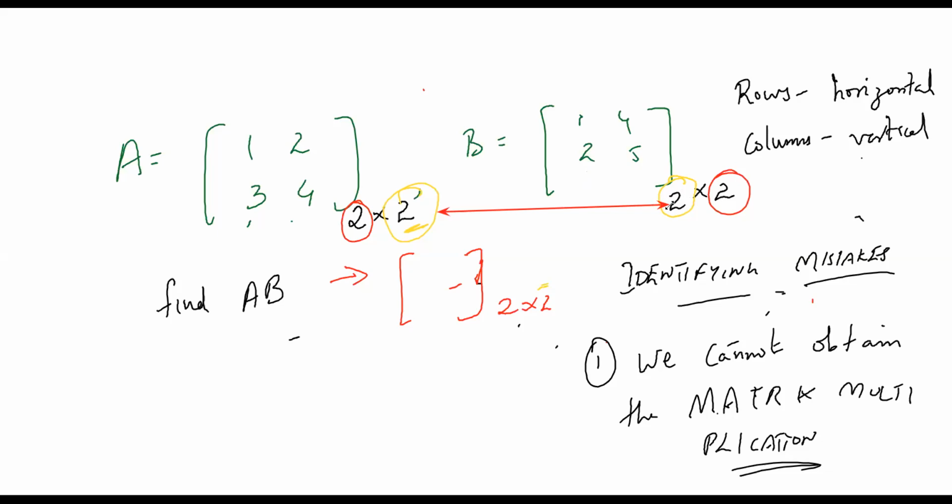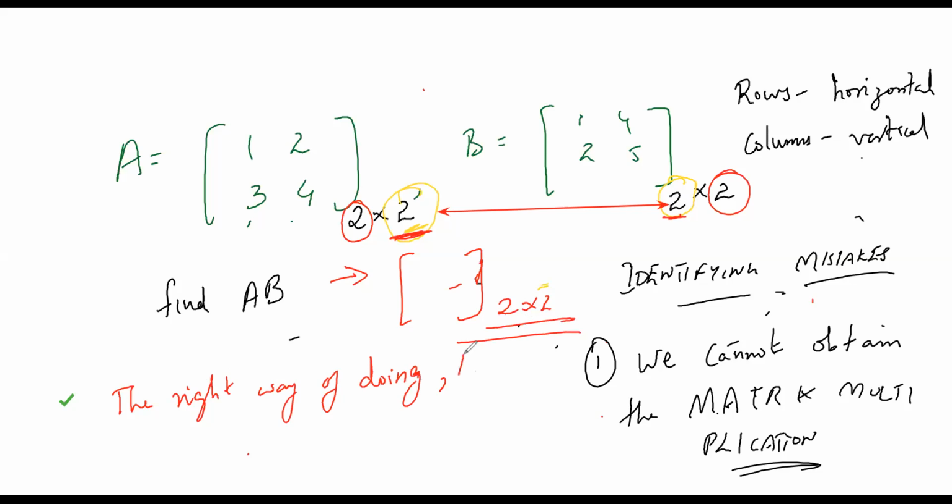The right way of doing, I'll show you here. If the second element, this 2 and this 2, if both the elements are the same, then it will be a 2 by 2 matrix.